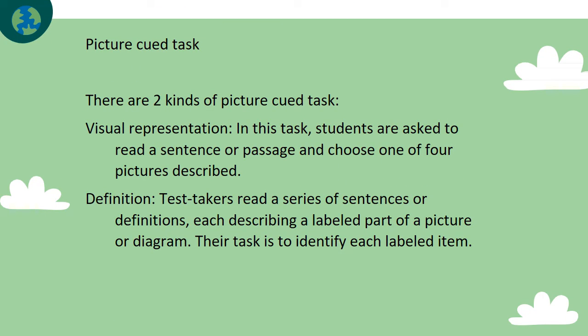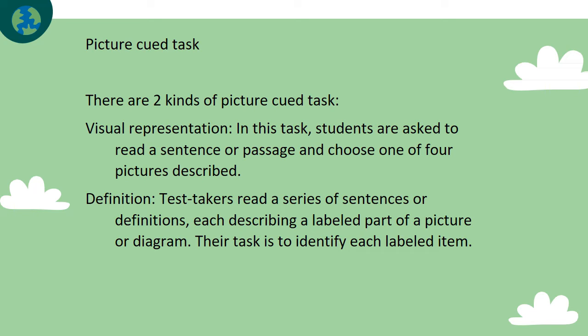The next one, we have the picture cue task. This assessment contains a picture that the student has to comprehend to answer the question. There are two kinds of picture cue tasks, which are visual representation and definitions. The visual representation, I'm sorry, it has a mistake.